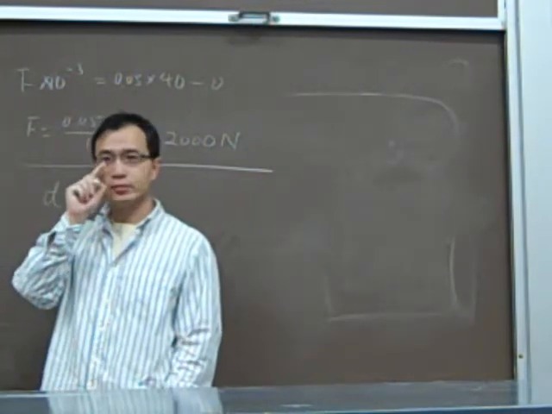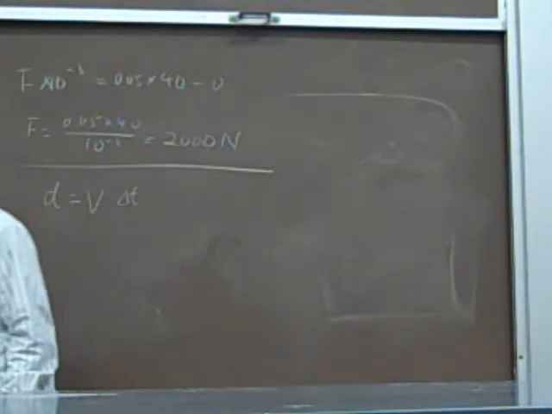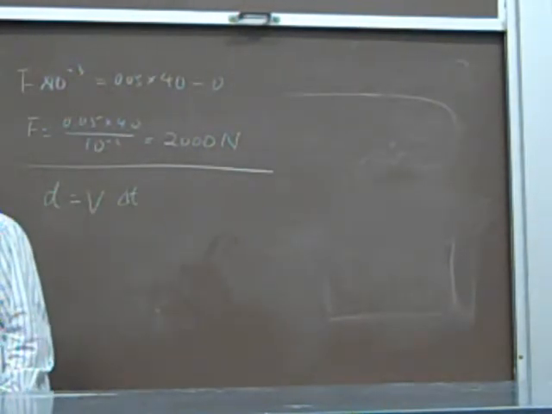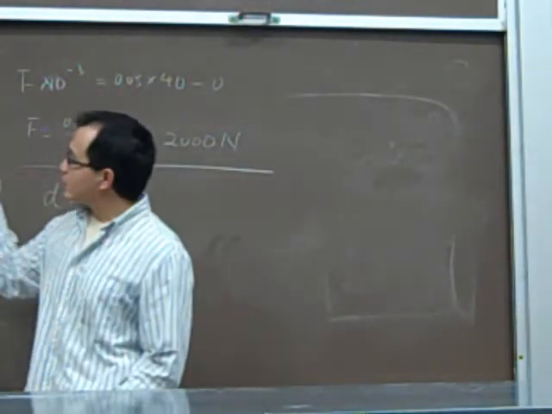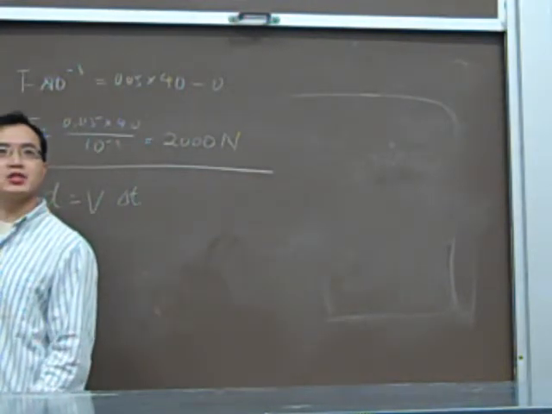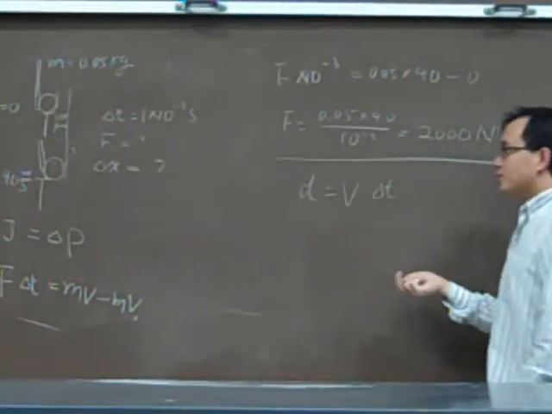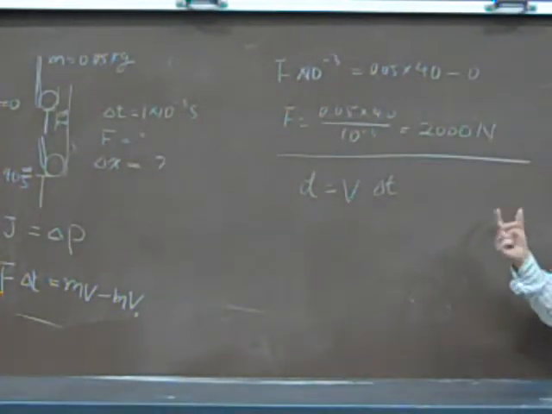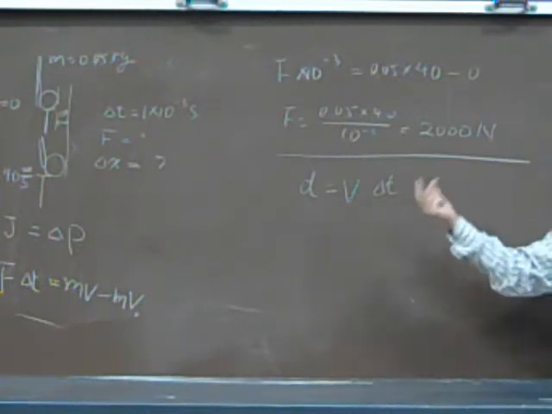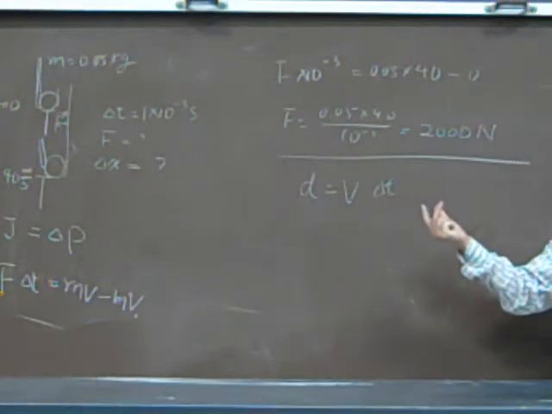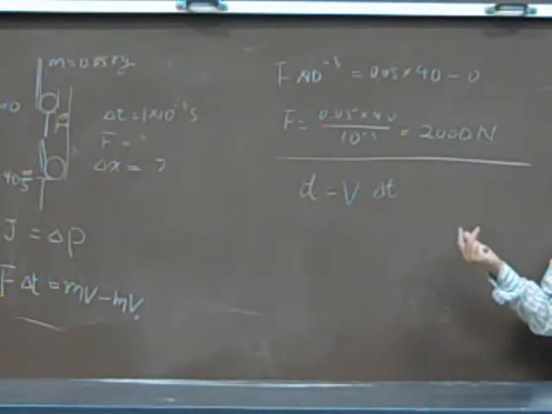We don't know V. Do we know this 40? That's the final velocity, not the whole time. Because you can think about this as a process with changing velocity. Initially it's 0, finally it's 40. So if you want to use some velocity, you probably need to use some velocity in between. But again, you cannot be sure. Can we use 20?